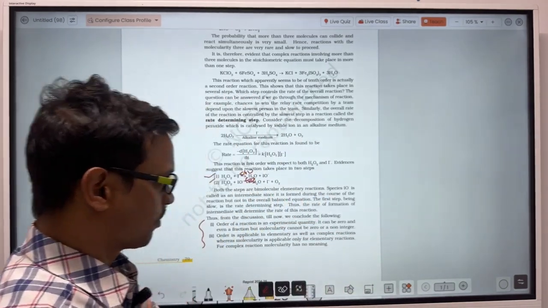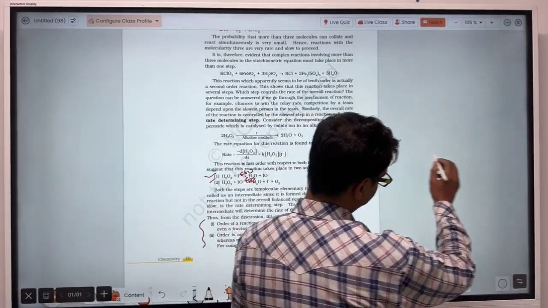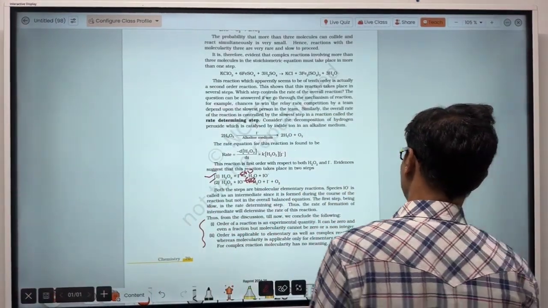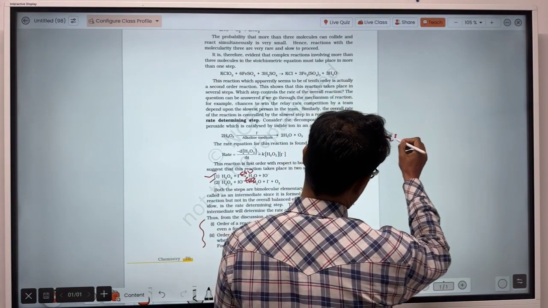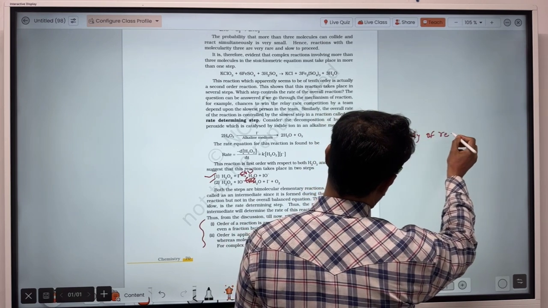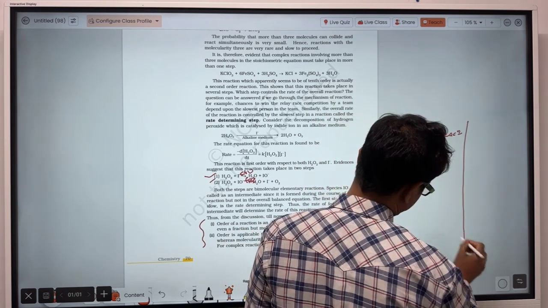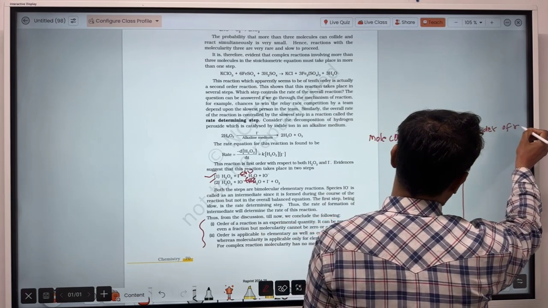It is a 2 marks question. To answer it, you will have to divide your page in 2 parts. In one part, you will write molecularity of reaction, and in the second, order of reaction.